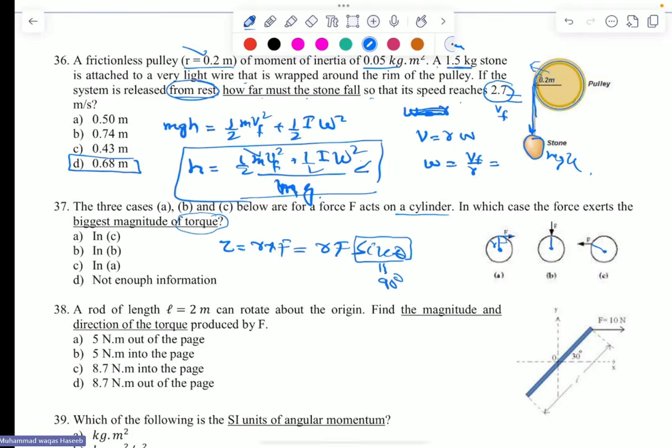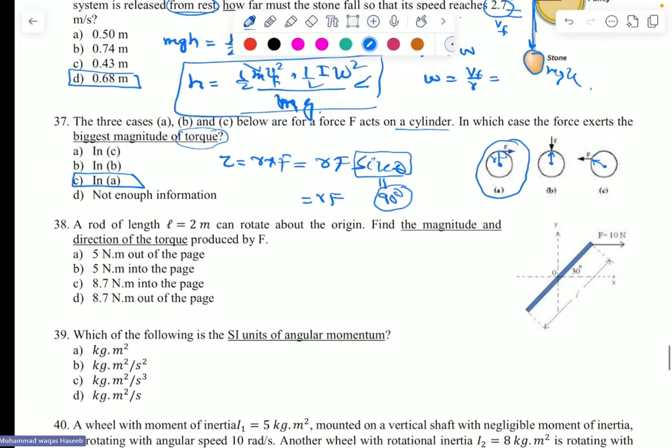In some cases they are parallel or zero, and in other directions the angle is different. So only case A is satisfied. The maximum torque is R cross F at an angle of 90 degrees, so only case A is correct.